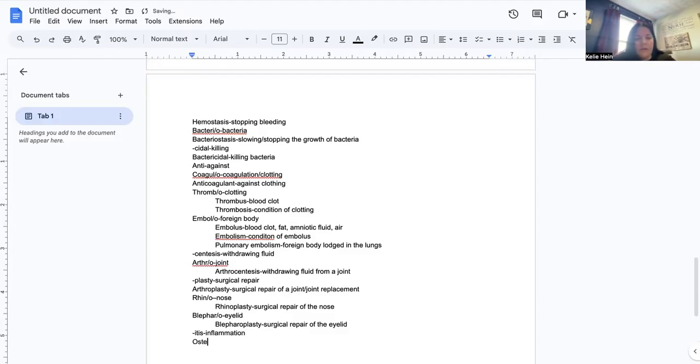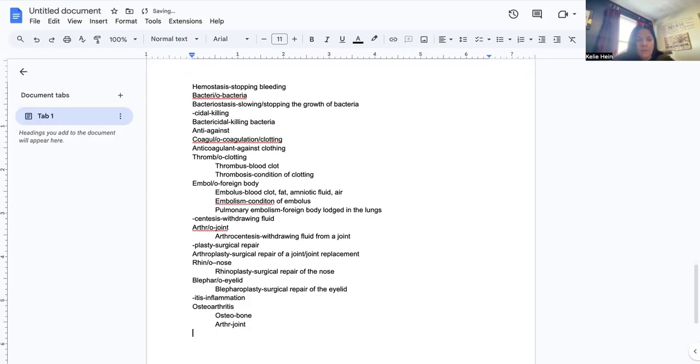So osteoarthritis: osteo, bone, arth, joint, itis, inflammation. Inflammation of the bone and joint. Okay?